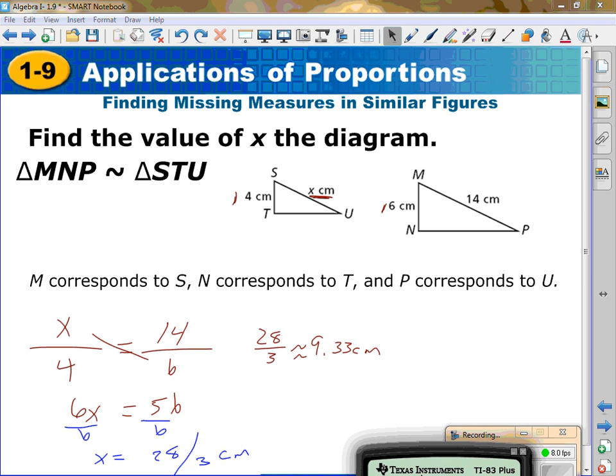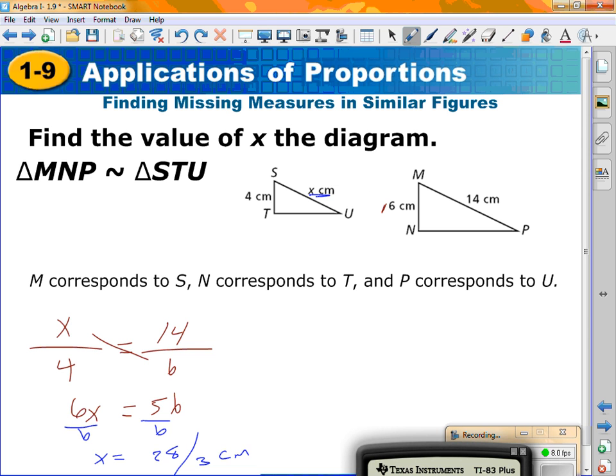That's one way I could set this up. There's a bunch of different ways I can set it up, as long as I set it up so it's still proportional. Give me another setup. All you're doing is flipping it, right? That's fine. It's still the same thing.